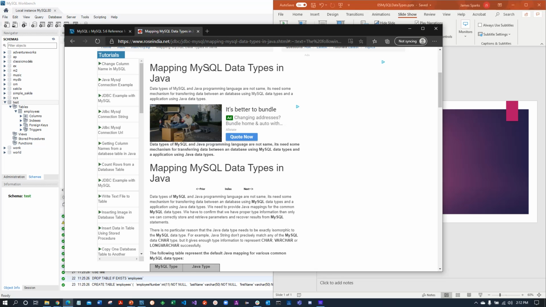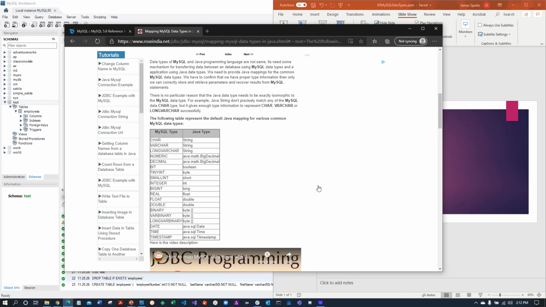But again, search for mapping MySQL data types in Java and you'll find this page. And here we see a relatively handful of Java data types that are mapped to the corresponding MySQL type. Now, since we're programming in Java and that's our general purpose language, these are really the MySQL data types that we're interested in.